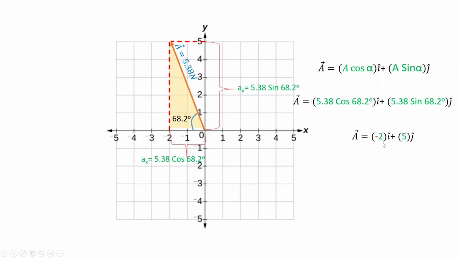Negative 2 shows that you have to move 2 units to the left on the x-axis, because the component is toward the negative x-axis. If I draw a vector here for you, you can see that this vector would be like that, and it is added to another vector that is 5 units along the j-axis.